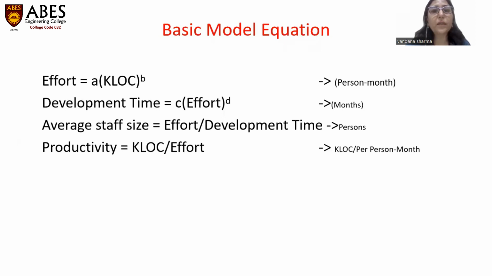For any estimation, the basic equations we require are: for effort, A multiplied by lines of code, used here in thousands, that is KLOC, raised to the power B. It results in person-months.